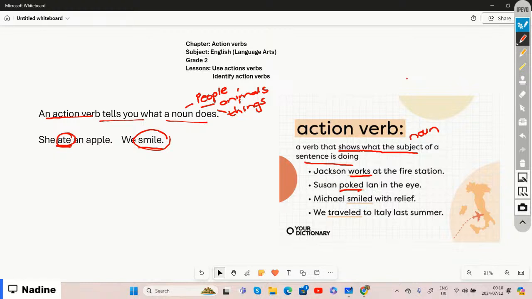Michael smiled with relief. If we were to choose the correct action verb, then smiled, because it tells us what Michael did with relief.